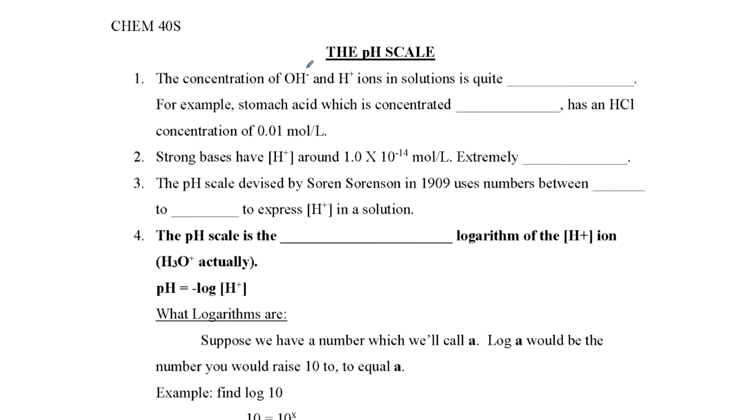The concentration of the hydroxide ion and the hydrogen ion in solutions is quite small. For example, stomach acid, which is concentrated hydrochloric acid, has a concentration of only 0.01 mole per liter. That's not a very concentrated solution of the acid, but it's a representation of how many hydrogen ions would be dissolved in solution.